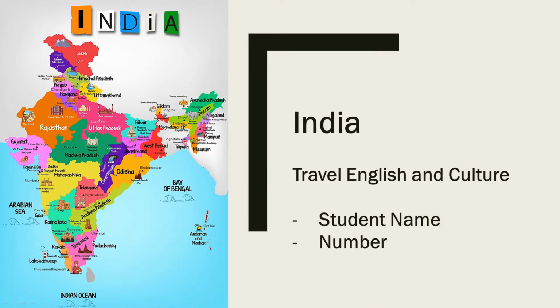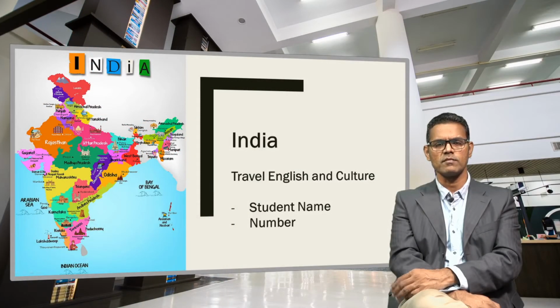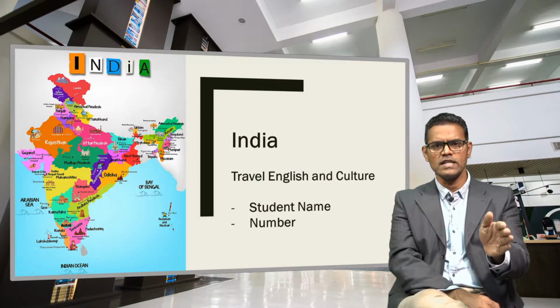So you can write the country, India, class, travel, English and culture, and then write your student name in English and also in Chinese, so that I can double check, and your student number. And for some of you, I have given a serial number, so you can also include the serial number. If you're not sure about the serial number, you leave it.